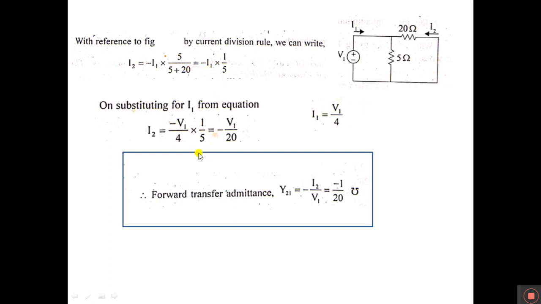If you substitute minus V1 by 4 into 1 by 5, you will get minus V1 by 20. So Y21 becomes I2 by V1, that is minus 1 by 20 mho. Forward transfer admittance Y21.